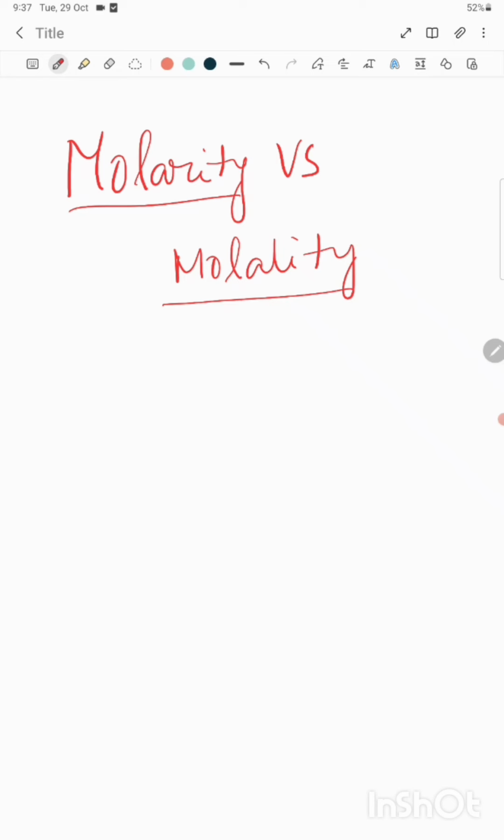Actually, if we want to express the concentration of the solution, then the two most important concentration terms are molarity and molality. But sometimes we become confused.